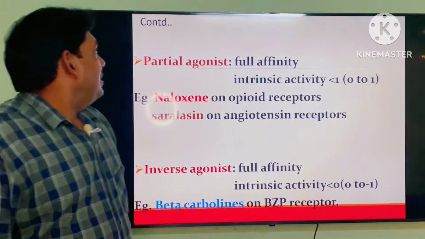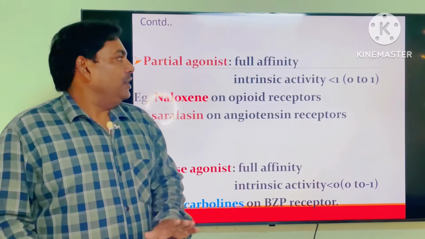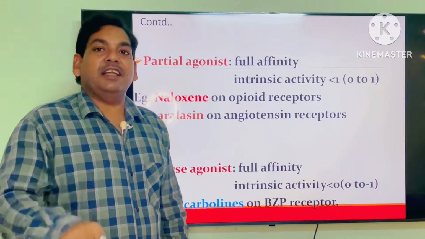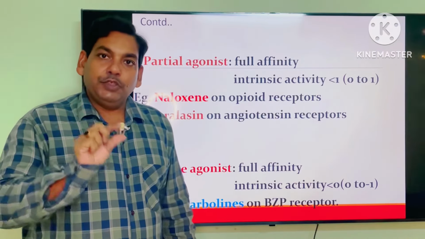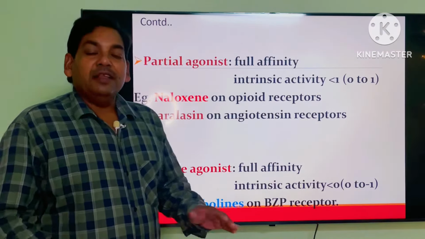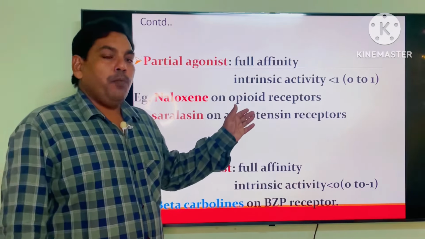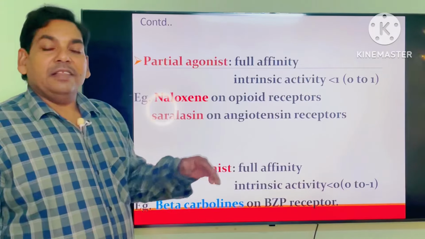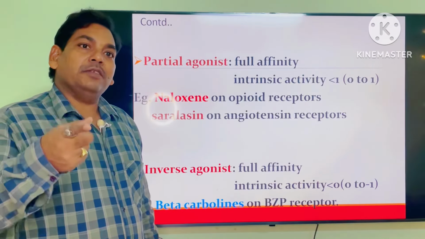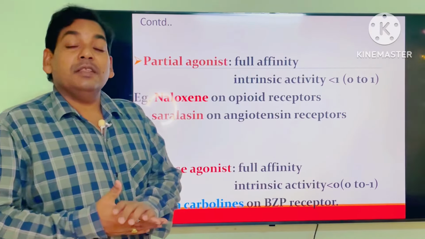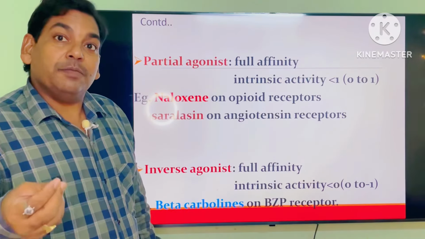Next, the partial agonist has full affinity but intrinsic activity less than 1, between 0 and 1. Its example is naloxone on the opioid receptor, which after binding produces some submaximal response.